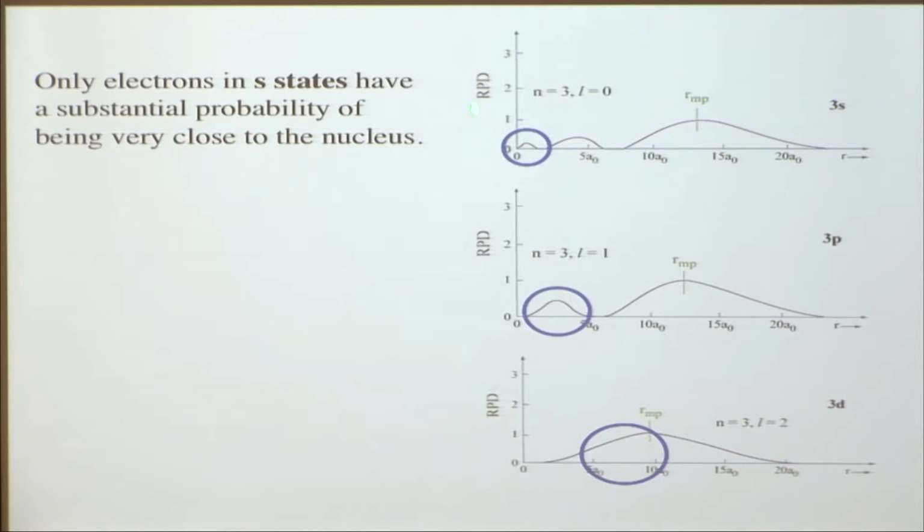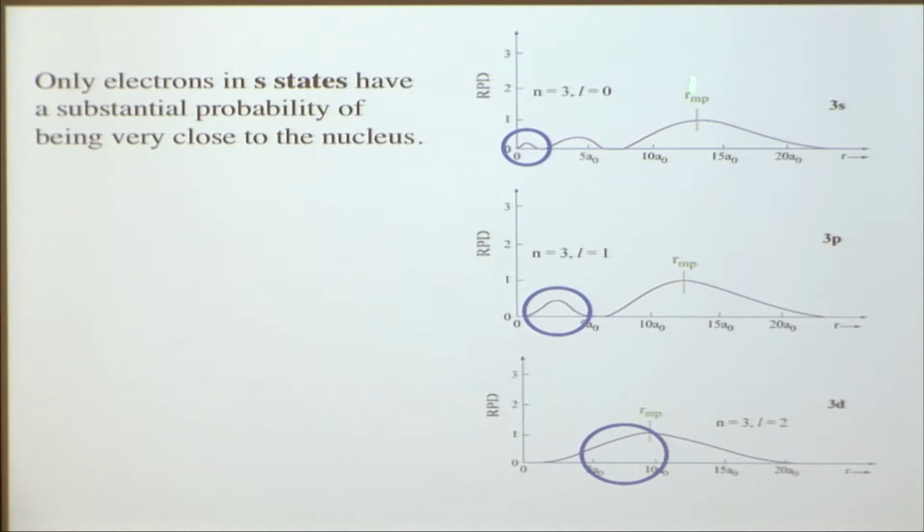So we have this little blip over here that is close to the nucleus, at very small radii, very small values of R. Even though the most probable is out here, if we compare 3s to 3p and look at where the electrons are that are closest to the nucleus, they're quite a bit farther away than in the 3s, or there's more probability that there's going to be some closer here.